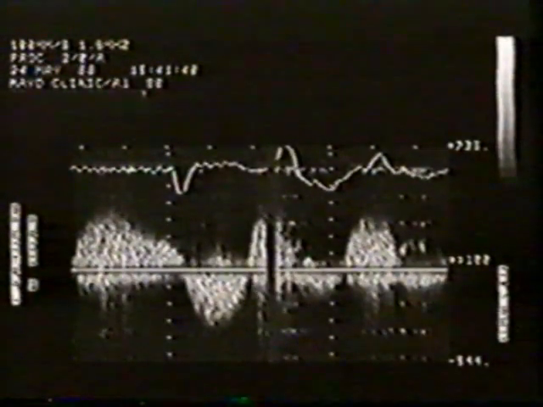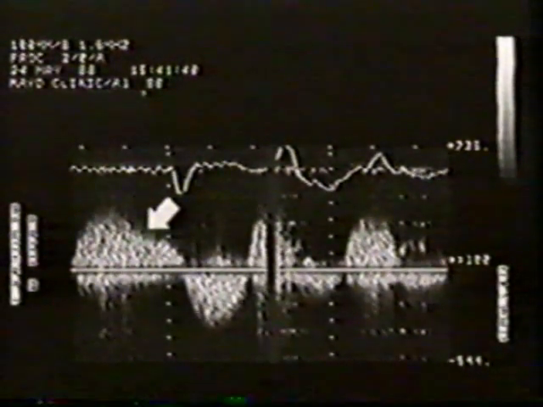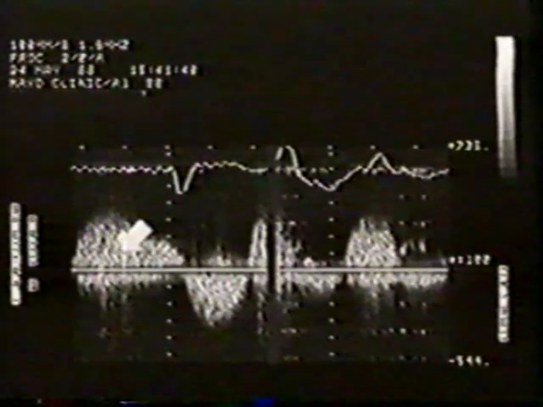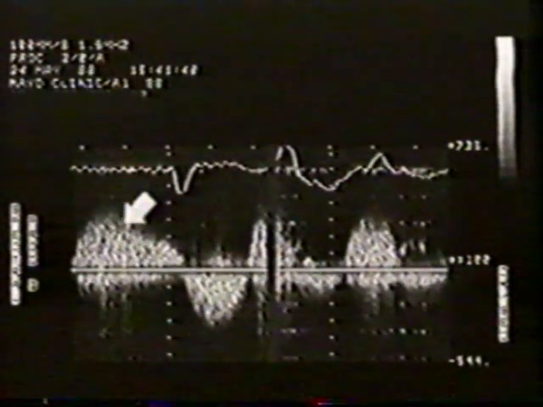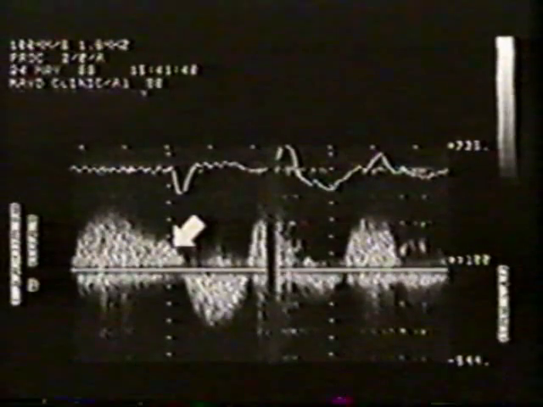This patient has aortic stenosis and severe aortic regurgitation. Note the very dense regurgitant spectrum. In addition to the strength of the regurgitant signals, the diastolic slope of the CW spectrum also gives us important information about the severity of aortic regurgitation.